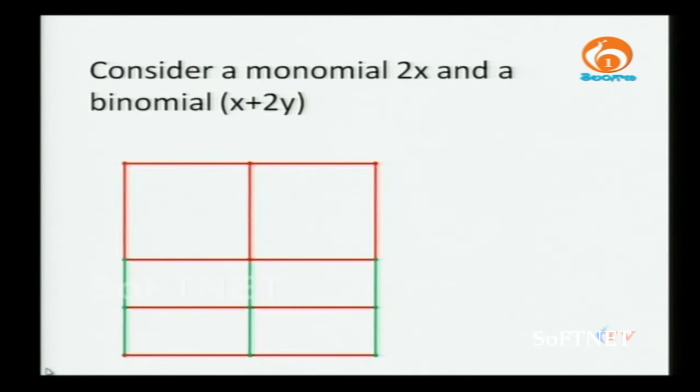Now, here again we can observe that red line segment represent x and green line segment represent y. 2x means we considered 2 red line segments, and x plus 2y, along the breadth we took 1 red line segment and 2 green line segments. Now, what are the different shapes formed you observe? Easily you can observe that 2 squares are formed and 4 rectangles.